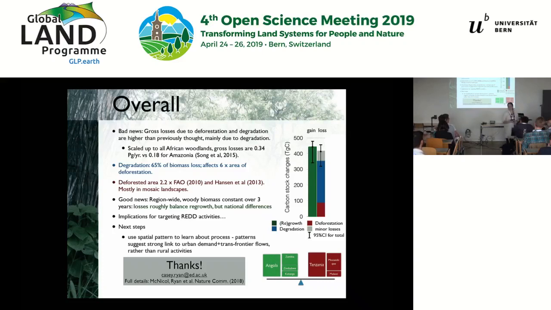So any questions? Curious, what is the sort of precision you can get to confidently detect the change with the degradation biomass? So it's a probabilistic method. We just give a probability that the pixel has either been deforested, degraded, or is increasing in biomass.